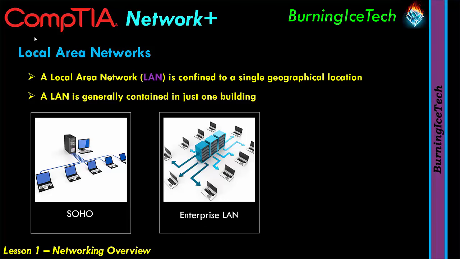Some of these enterprise LANs will have their own servers, like proper top dog servers. They'll have their own proper top dog server rooms. They might have a couple of hundred or a couple of thousand users. These users have anything from a laptop to a desktop to a tablet or a phone. They've got pretty much anything you can think of. You name it, they've got it. So any real average everyday company is probably going to be considered an enterprise LAN.